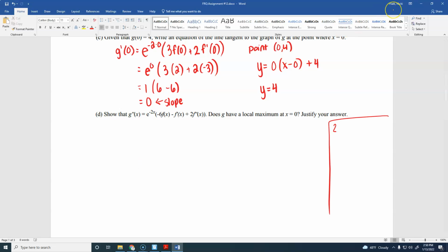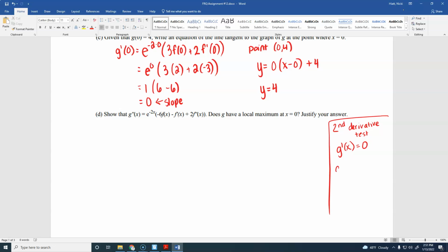But for our second derivative test, g prime of x has to equal 0. So the first derivative has to equal 0. That tells you you have a critical point. And then you're going to look at the second derivative.